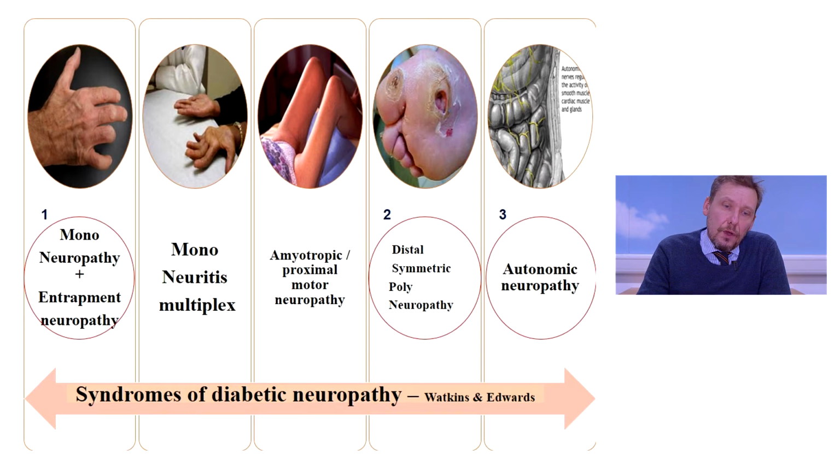So first of all, the next couple of slides we will talk about carpal tunnel syndrome, the classic entrapment neuropathy, but there are others also in diabetes. But for this particular slide, I would like to draw your attention to mononeuritis multiplex and amyotrophic proximal motor neuropathy.